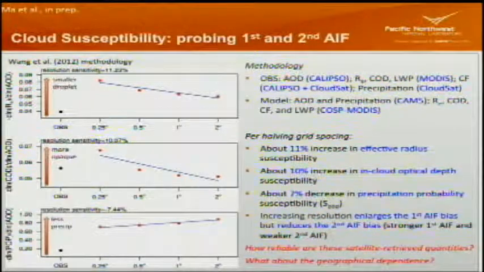the first indirect effect. And so the last point I want to make here is that we found that increasing resolution actually enlarges the first indirect effect estimates, but reduces the second indirect effect bias.